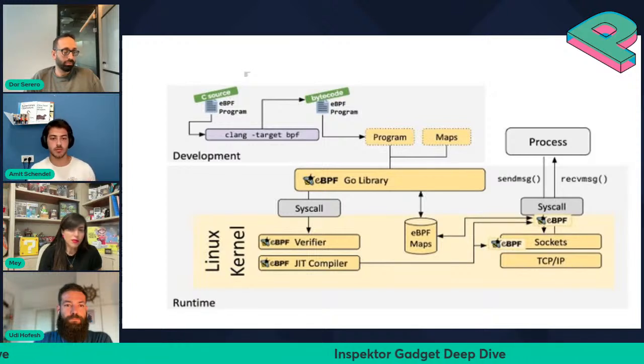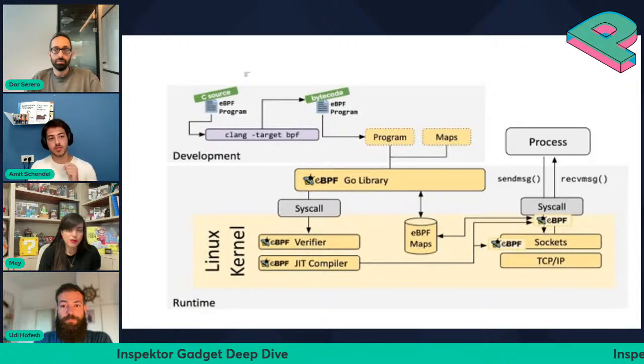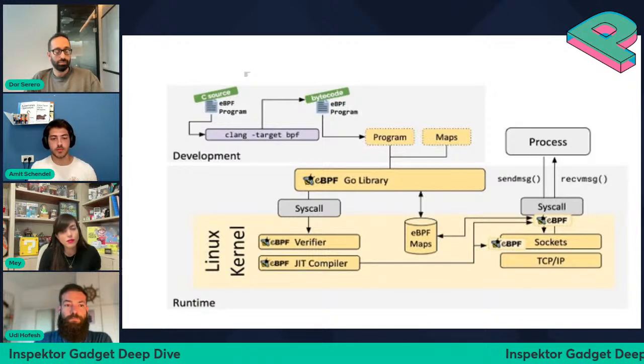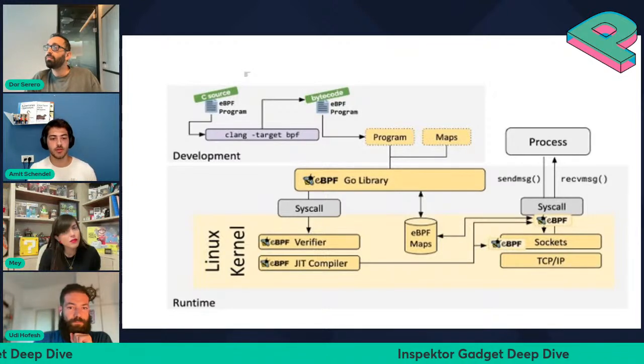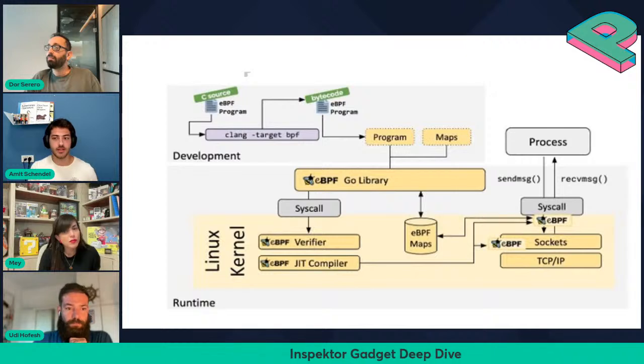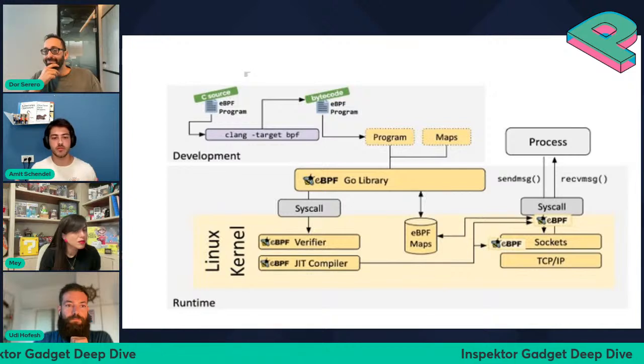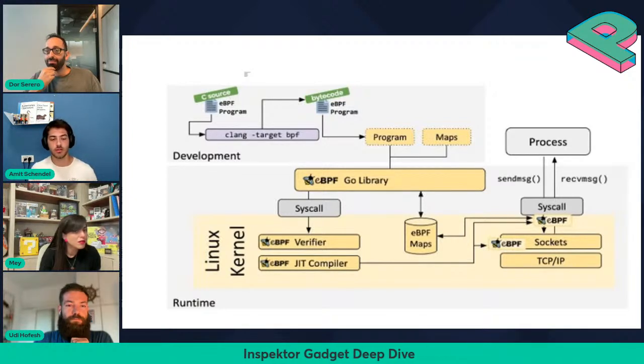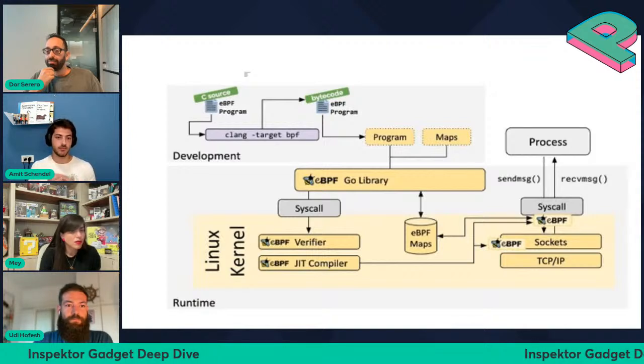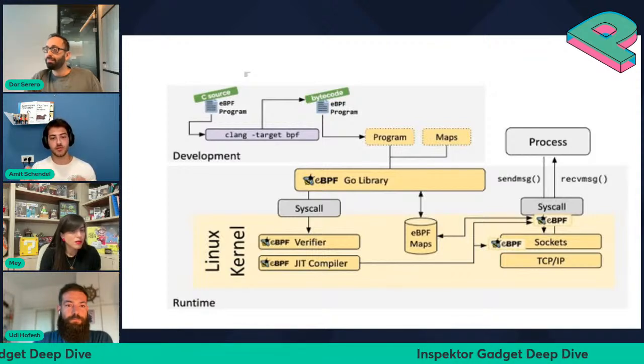Once it's being loaded with the BPF system call, before it's actually loaded, it's going to pass through a very important component called the verifier. And the verifier is one of the biggest magics of eBPF, because maybe some of you heard that eBPF is really safe to use. And a lot of it's because of the verifier. So the verifier verifies that your program is safe to use.